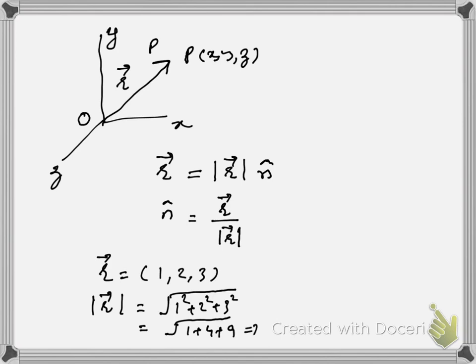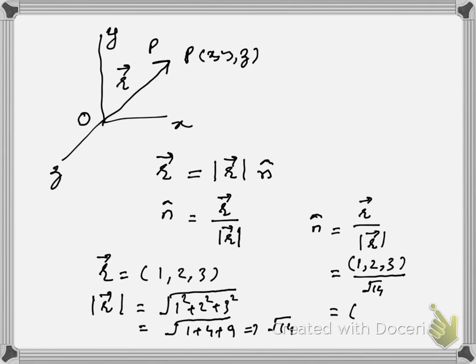It is equal to square root of 14. Then direction of vector R is equal to vector R divided by its magnitude. Vector R is equal to 1, 2, 3 divided by magnitude of R, which is square root of 14.